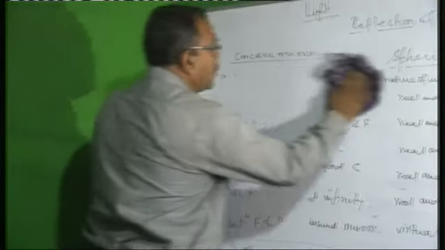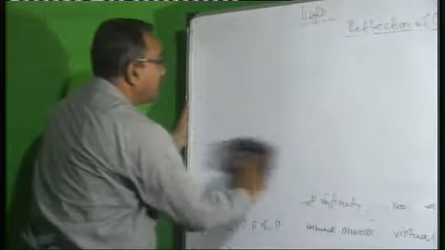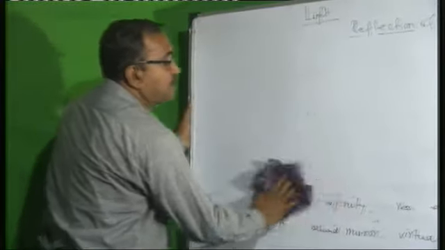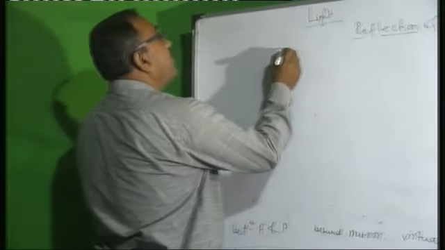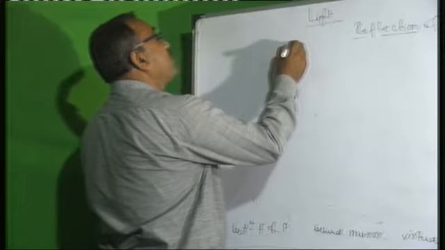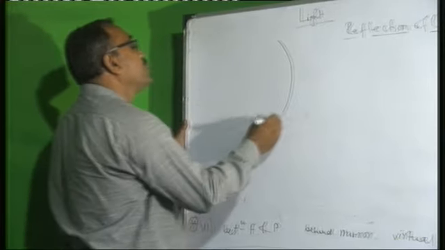Suppose, next part. For the objective question, which type of objective questions? You check it from your ray diagram. The nature of this objective question is this.